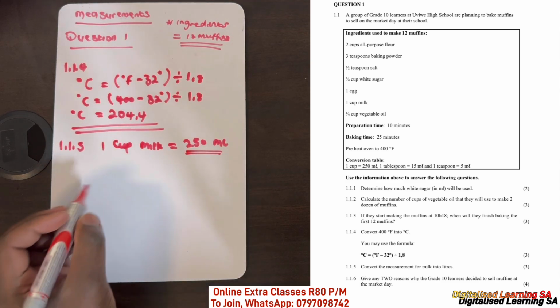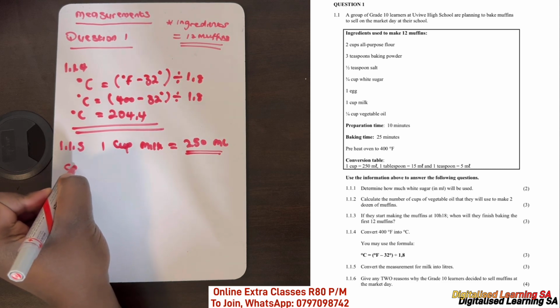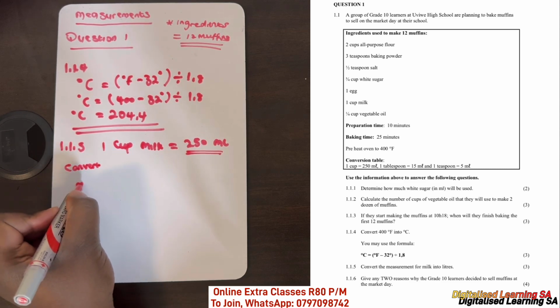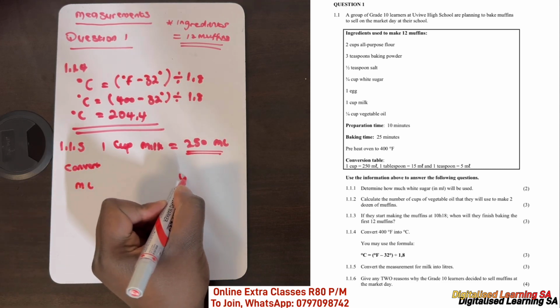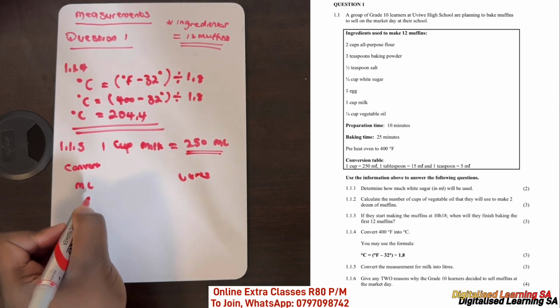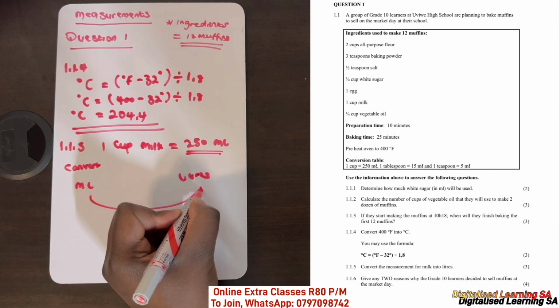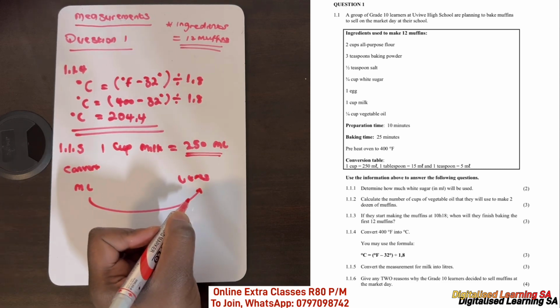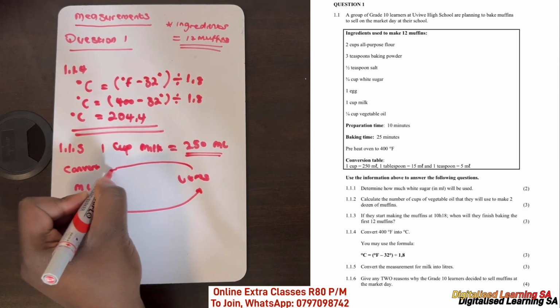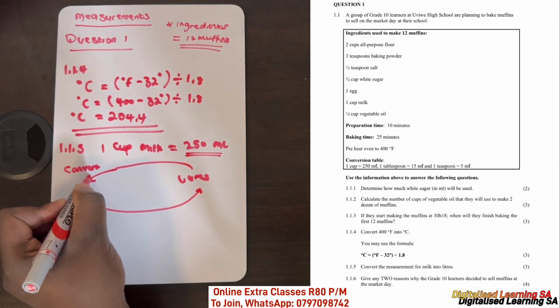So now, because we know that 1 cup of milk is equals to 250 milliliters, it means that we can easily convert from milliliters into liters. So we need to understand how to convert from milliliters to liters, and how to convert from liters to milliliters.